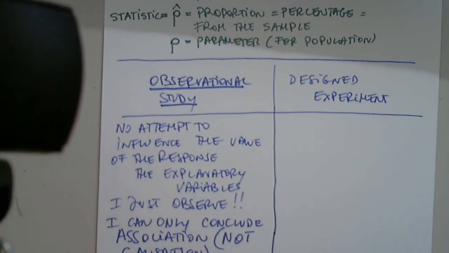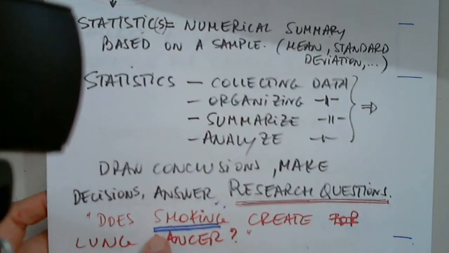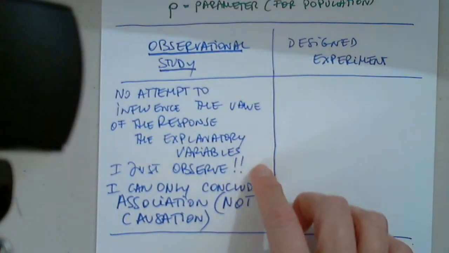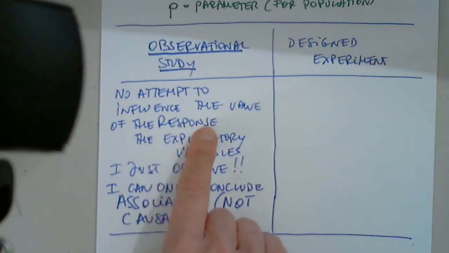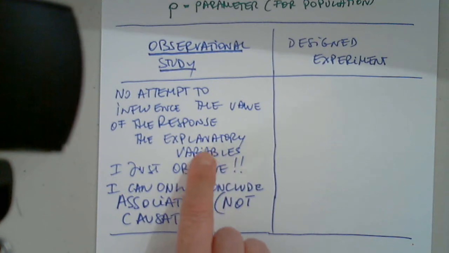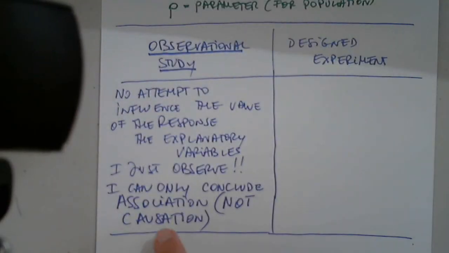If I don't interfere as a researcher in any way, shape, or form, I can never say, listen, my study says that smoking causes lung cancer. I cannot. If I observe a relationship between the response variable, which is lung cancer, and the explanatory, the number of cigarettes smoked per day, if I see a relation, I can only say it's an association.